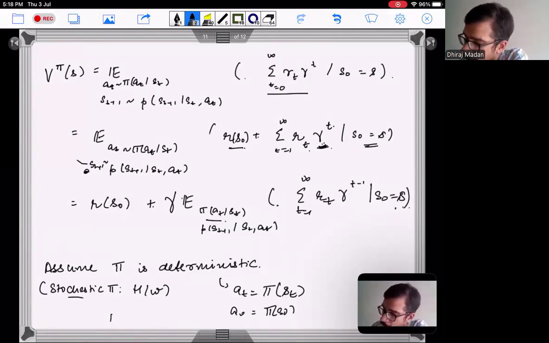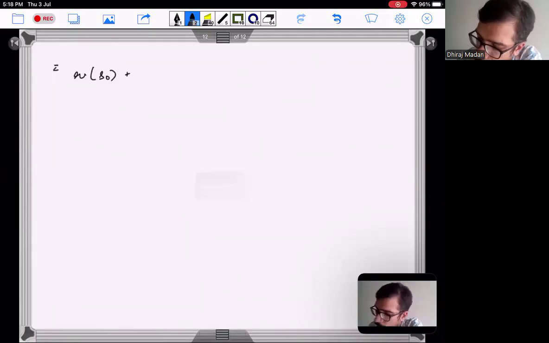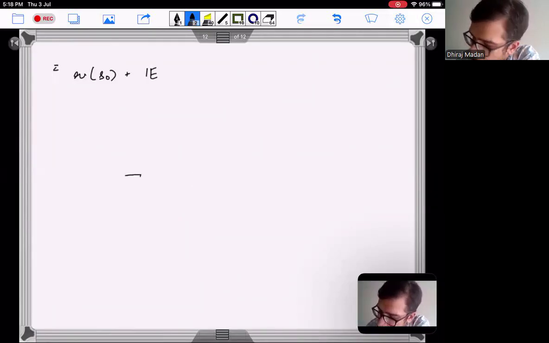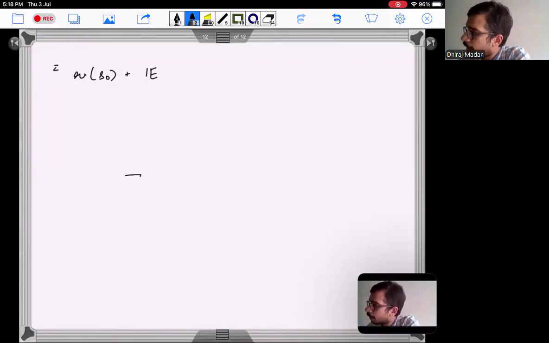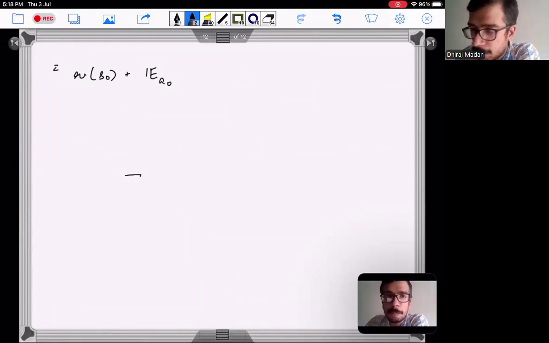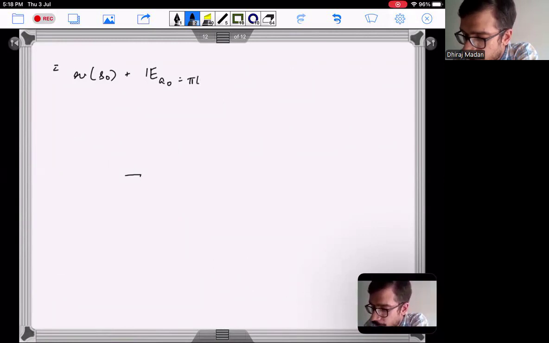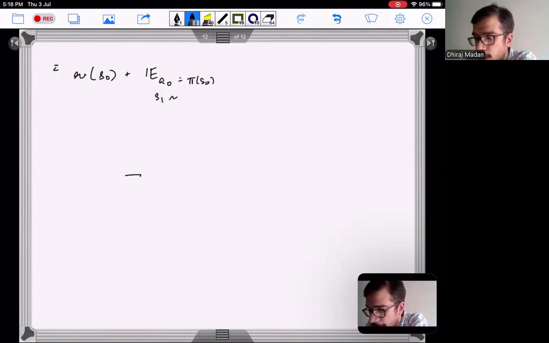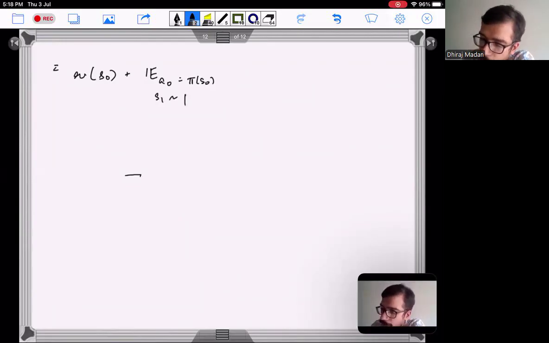So there is this expectation which is still there. But now essentially I break this expectation into two parts. First, there is A naught, which is already known to be pi of S naught. And then I am taking the expectation over S1, which comes from the distribution P of S1 given A naught and S naught.